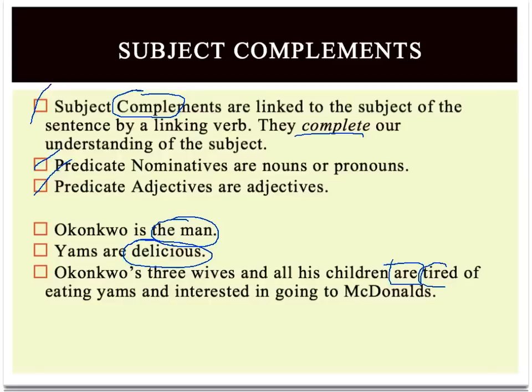Well, they are tired, right? And they are interested. So there are 2 subject complements in this long, detailed sentence, and both of those subject complements are predicate adjectives. So subject complements act like direct objects for a sentence with a linking verb. They answer that question, what? They complete our understanding of the subject.